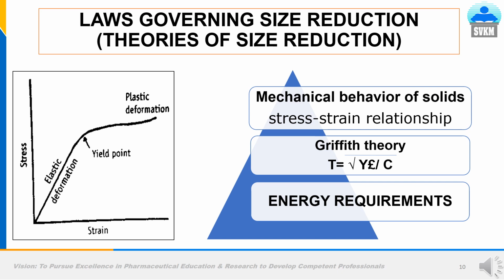The most efficient mill will utilize less than 1% of energy in fracturing particles or creating the new surface. The rest of the energy is required for elastic deformation of unfractured particles and transportation of materials within the milling chamber. Some energy is required to overcome friction between the particles and mills.